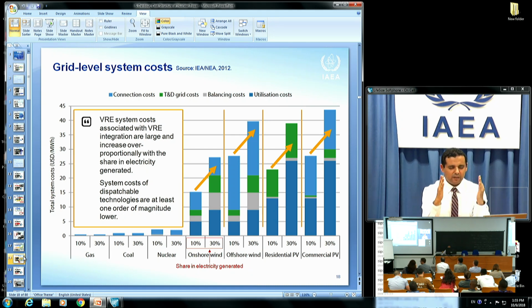So what is the impact of this increase in share of renewables on system costs?